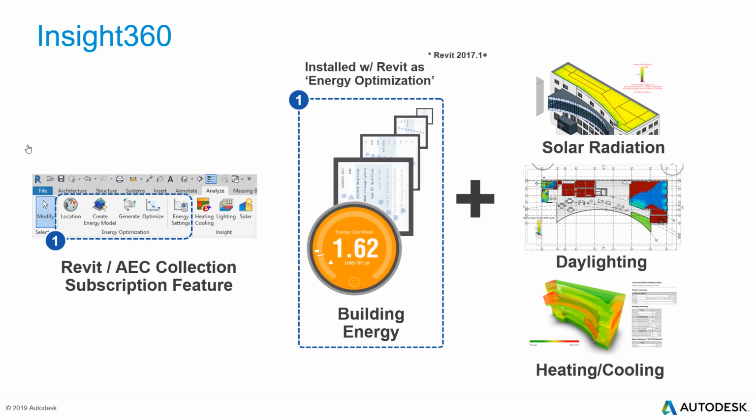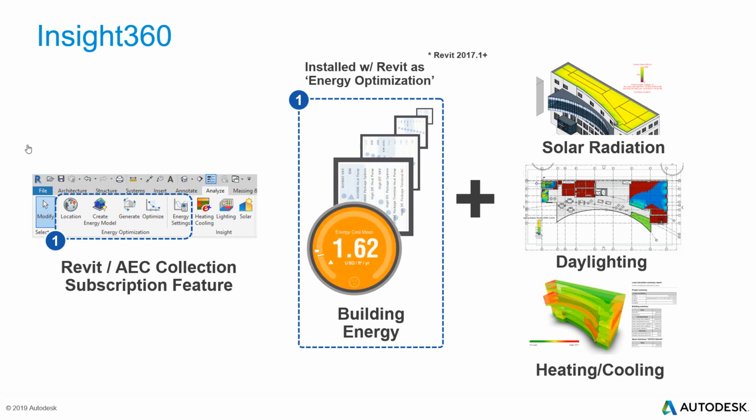It's not software. It's a part of Revit called Insight 360. What we have to remember is that Insight 360 is not really paying attention to, let's say, local standards and how to perform, for example, energy optimization, energy analysis.